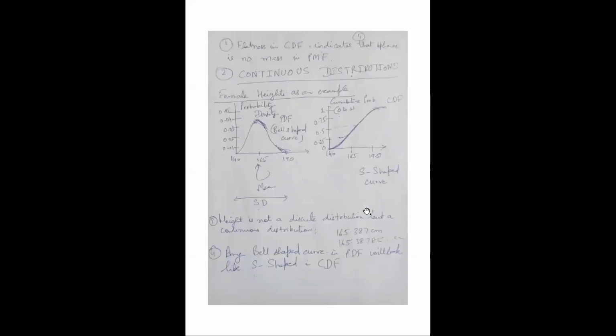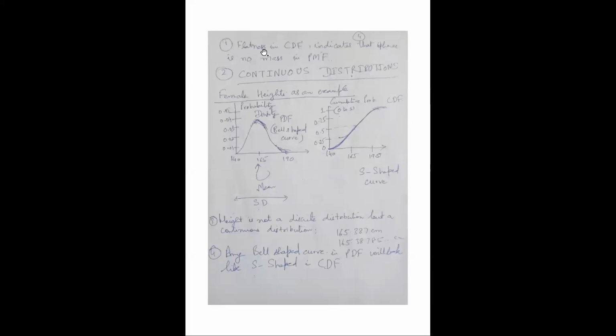So I hope you are able to understand now that the gradient will be flat when there is no distribution in PMF. That's the important point you have to remember. When there is more probability in the PMF, you will get a steeper or sharper or higher gradient in CDF. I will talk about this point in the next slide.